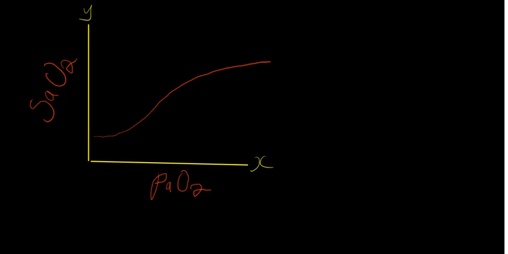So as you can see from this curve, increasing the y-axis basically means that you are going to increase the saturation level of hemoglobin to oxygen. So the saturation level increases. Here at the top it's 1.0, which is just the percentage for this side.